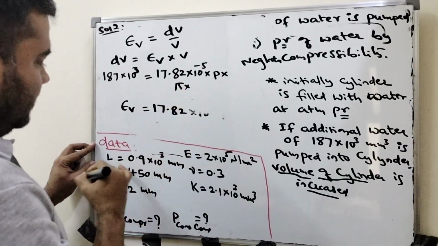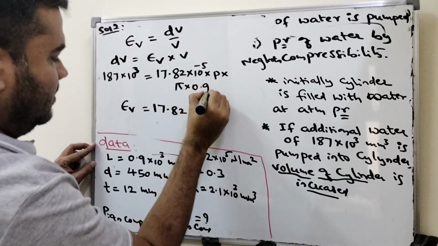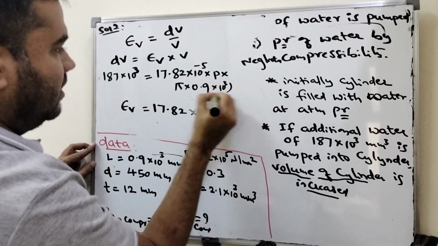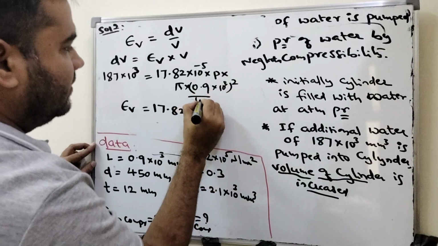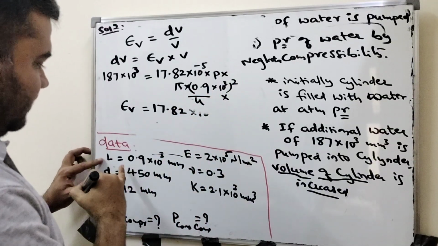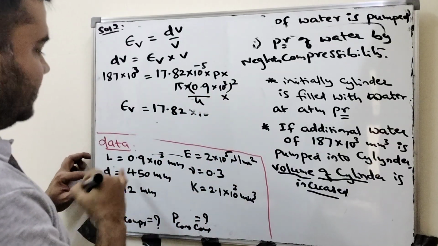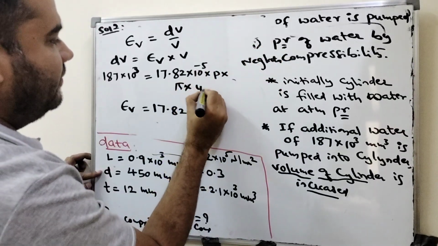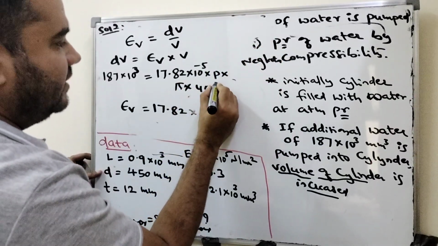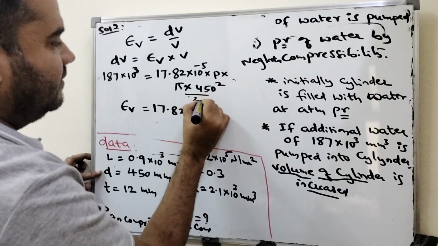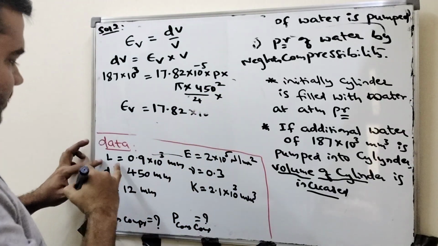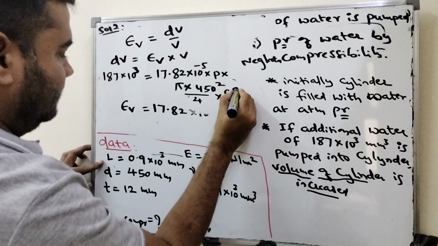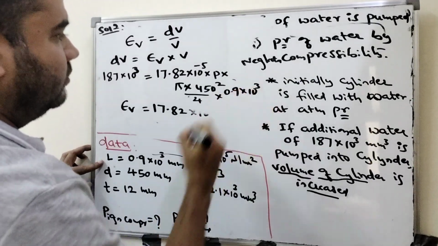Pi into d square by 4 into length, where D is 450 mm, sorry, pi into 450 mm square divided by 4 into length is 0.9 into 10 raised to 3. Okay.